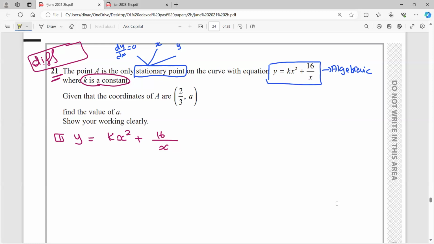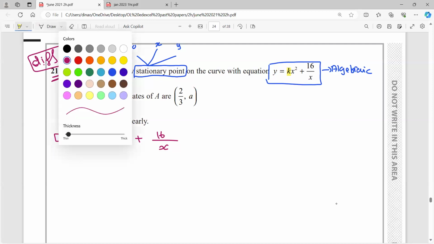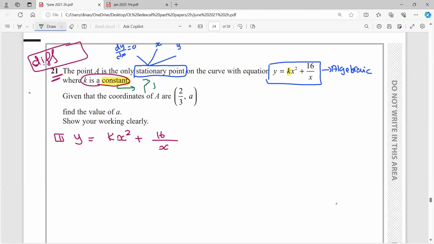Like this k is a weird thing. It says k is a constant. Now, the word constant means that your k is a number, so I have no problem. We already discussed this case: if the x is a denominator, we said move it up. So I'll move it up now.